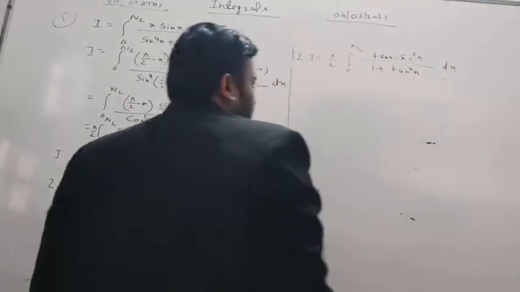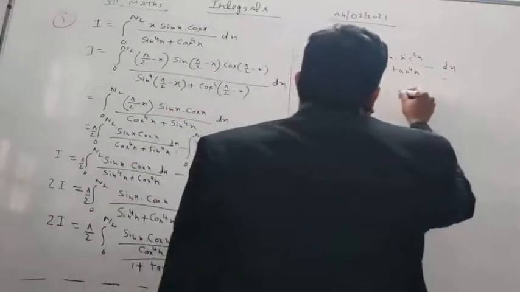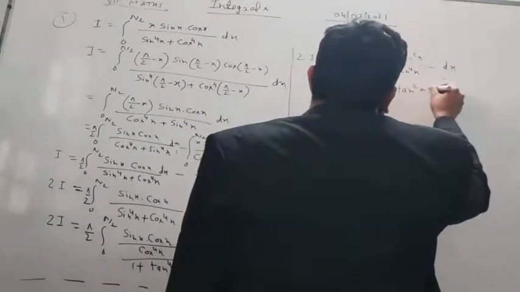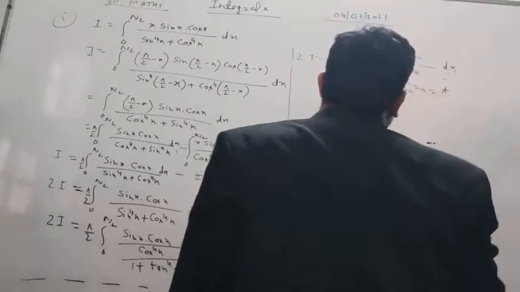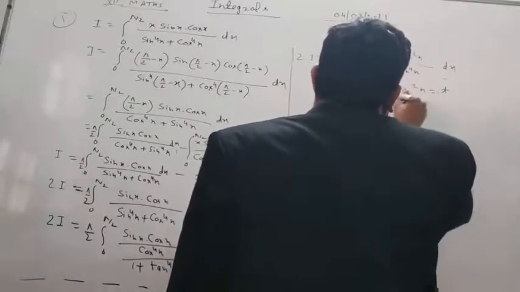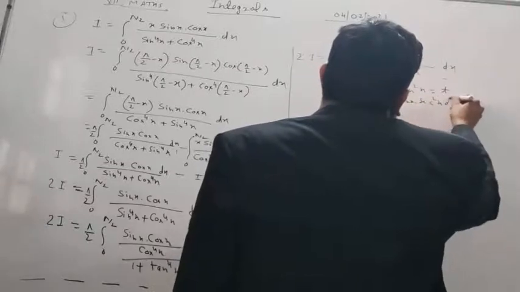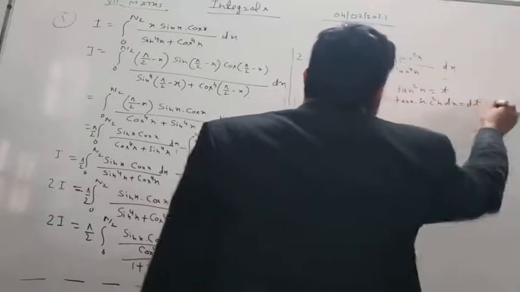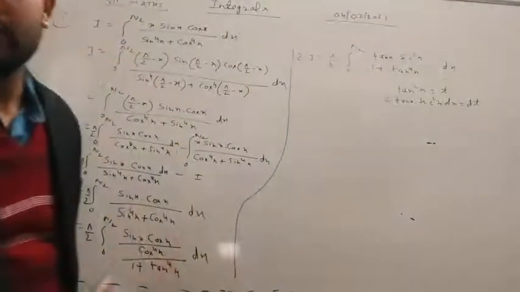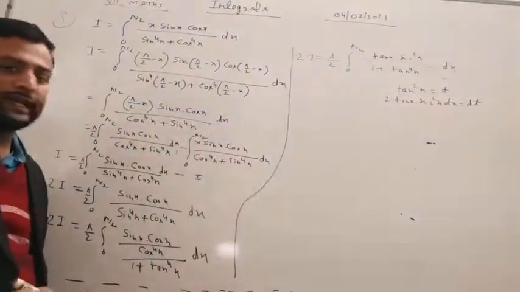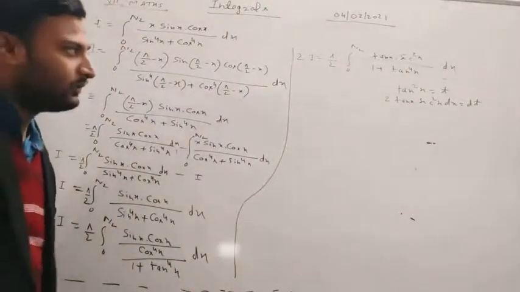Okay, students, now we take tan square x equal to t. When we differentiate this, we get 2 tan x sec square x dx is equal to dt.